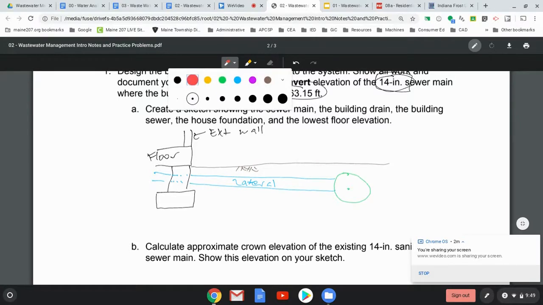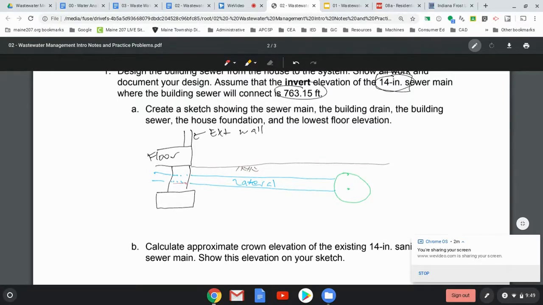And some other stuff that's really important, that elevation right here. That's your building invert elevation. This is your sewer main invert elevation.